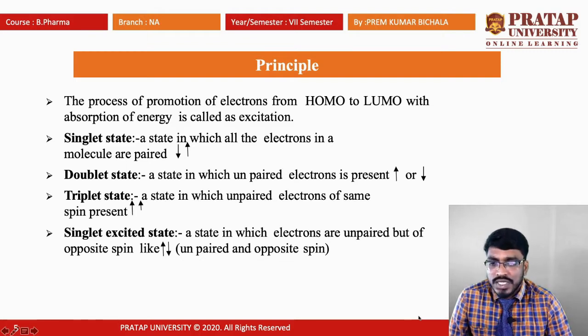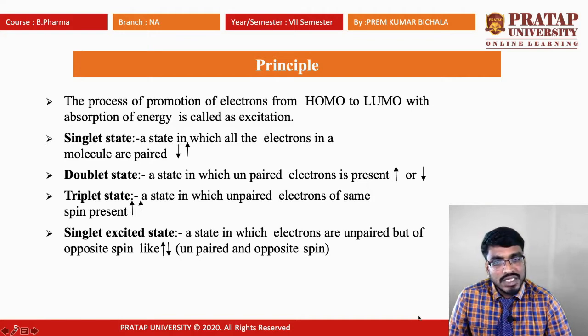Then the triplet state is a state in which unpaired electrons of the same spin are present, either clockwise or anticlockwise. In the singlet excited state, the electrons are unpaired but of opposite spin. Whereas in the singlet state, both are paired and opposite spins are present.